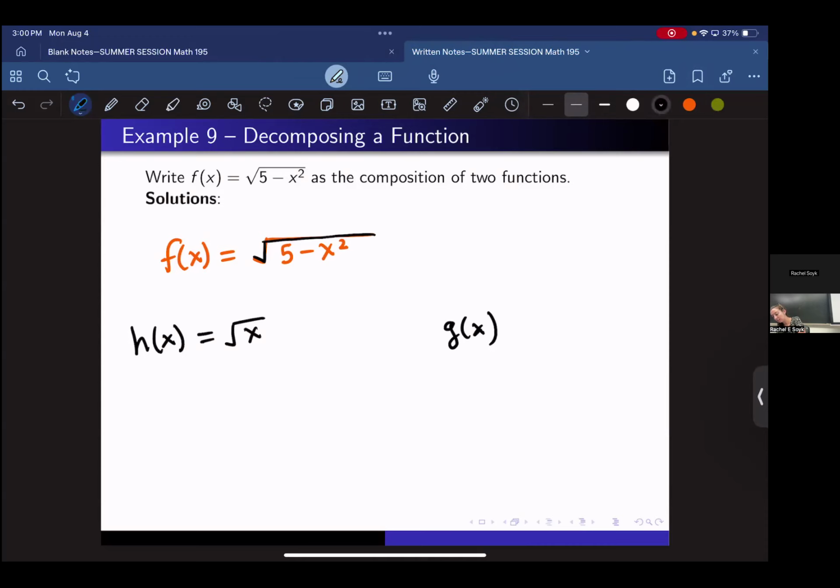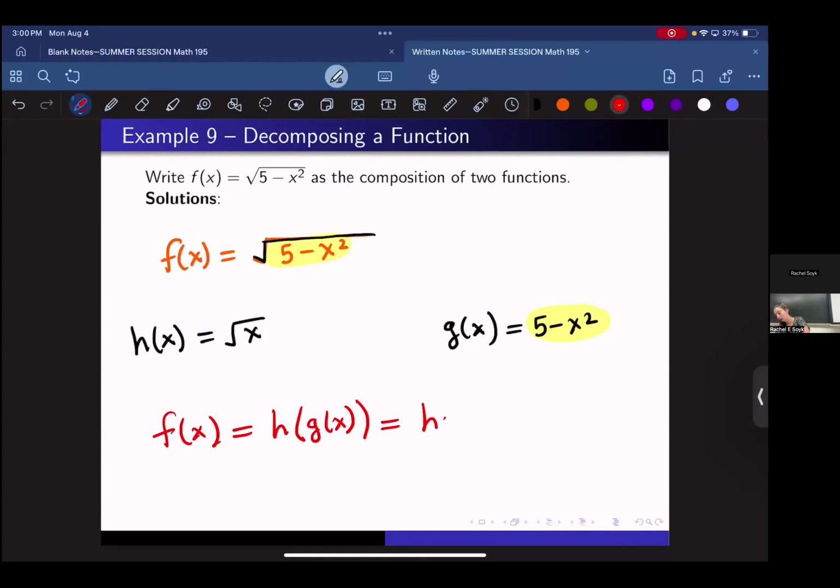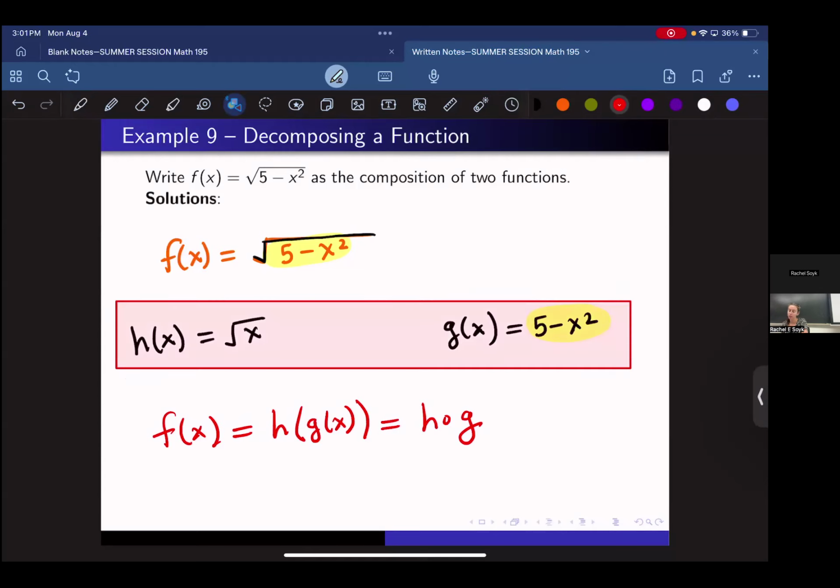And then our g of x can represent the inside portion, 5 minus x squared. So f of x is essentially our h of g of x, also known as h of g. And that's it. So this was the key. We broke up our f into two different functions. We decomposed them.